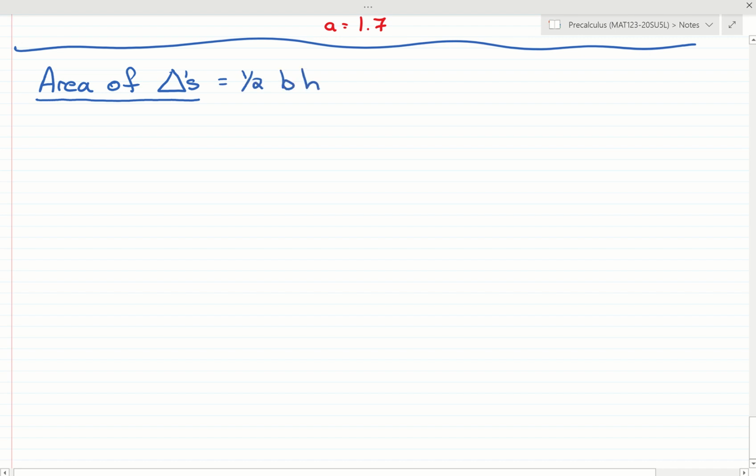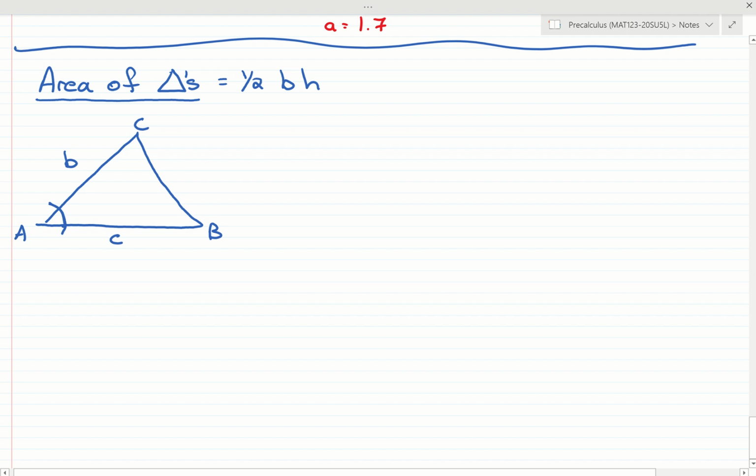So what if we have a problem like we just did? Say we have an angle here, and we have like a side, I'll label this A, B, C. What if we know side B, angle A, and the base is side C?